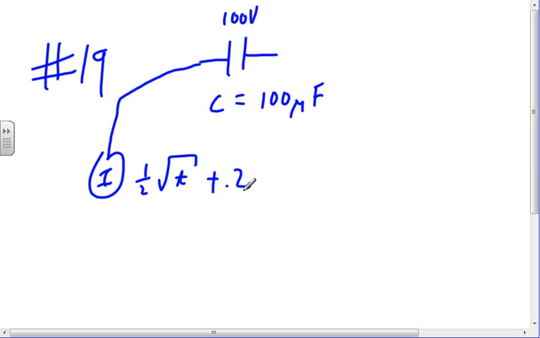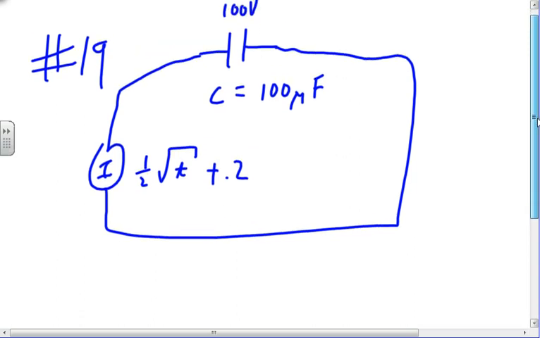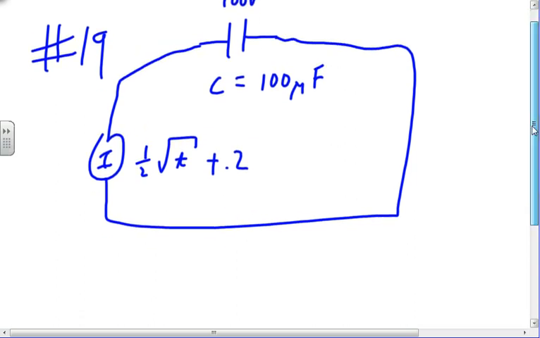Find the voltage across the capacitor at t equals 0.68 seconds. All right, so I got this circuit. It's like that. The circuit won't work, no ground. It doesn't work in Multisim, but it works for me.